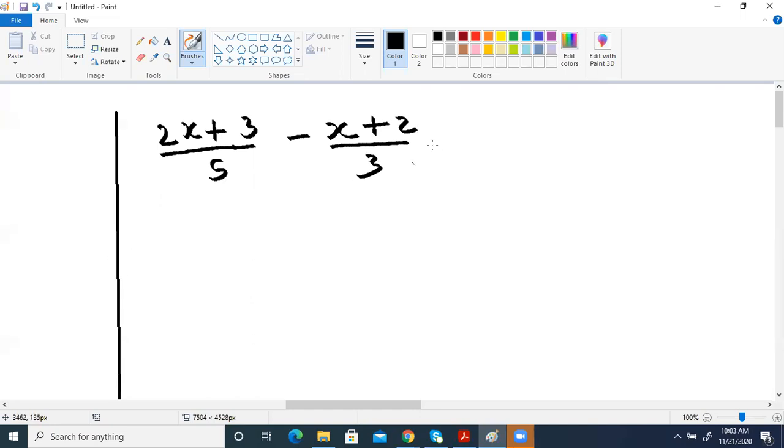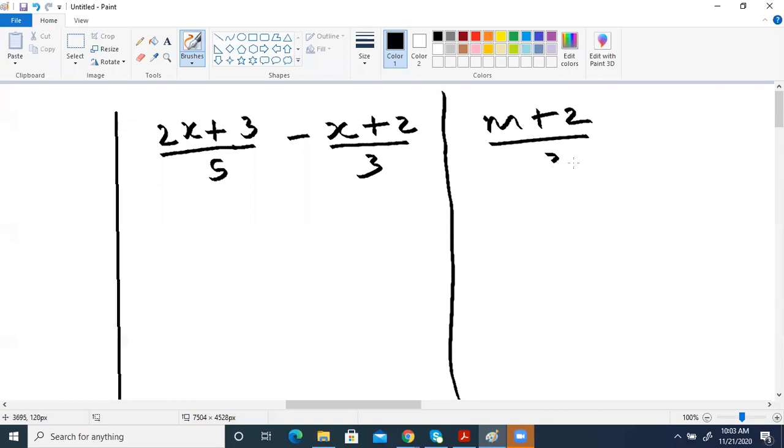And then here is another: m plus 2 over 2 minus m over 3. So that's the other one.